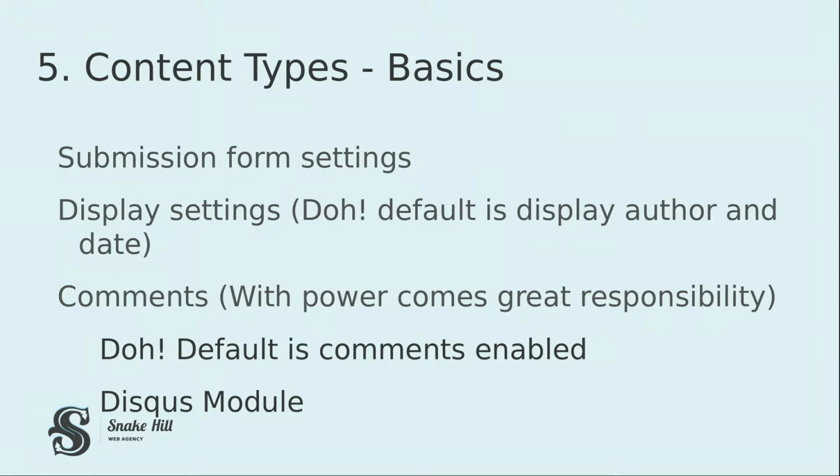So for instance, if you create a custom content type and have the submission information, the author and the date it was created, displayed with the content, then you're going to have to go in all those nodes and shut that off. So these are steps you want to take care of before you even start getting heavily into the site.